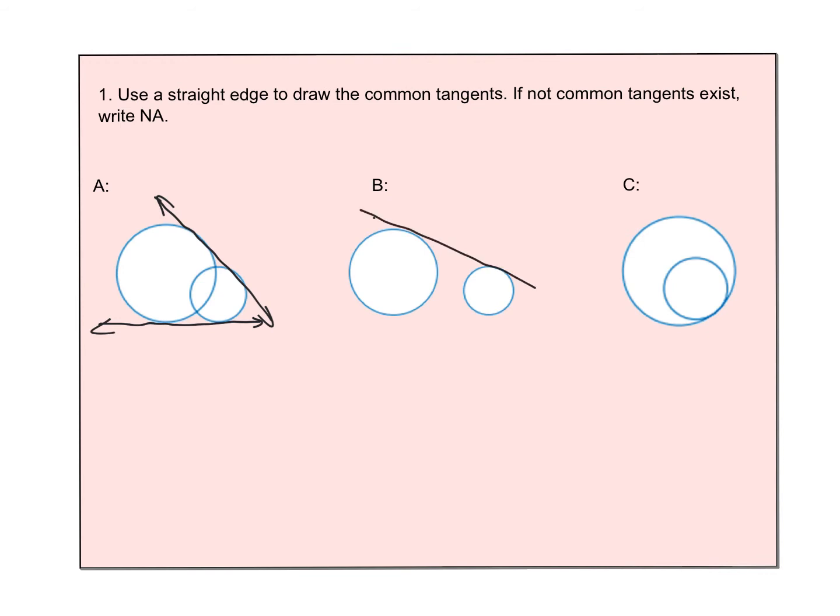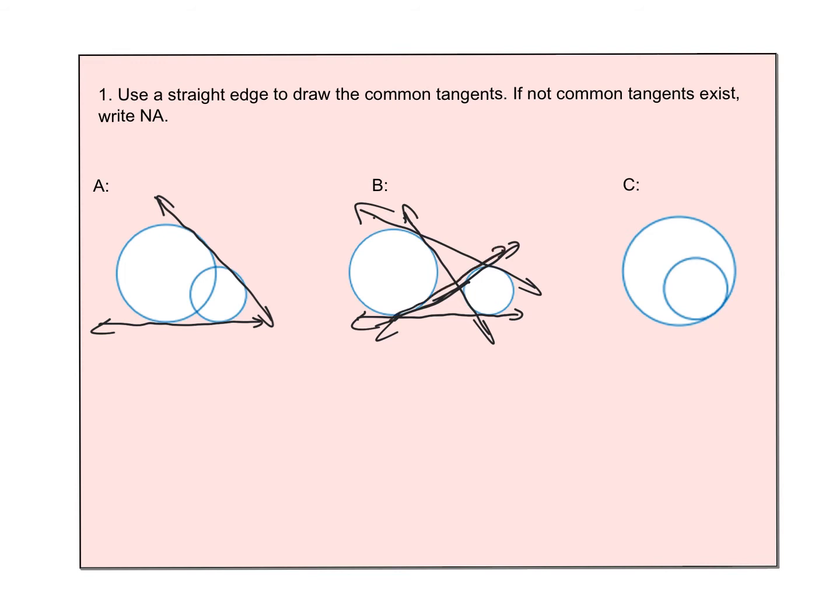B, I'm looking here, and I'm looking here. And for this one, I could also see, can I pull off one that goes like that? And can I pull off one that goes like that? I'll probably be pretty close. Yeah, I think that one would have about 4 common tangents.